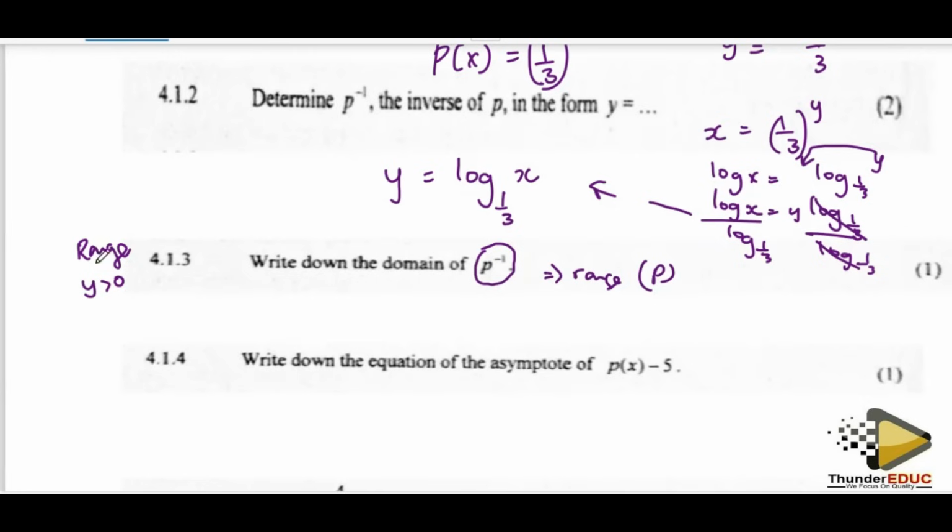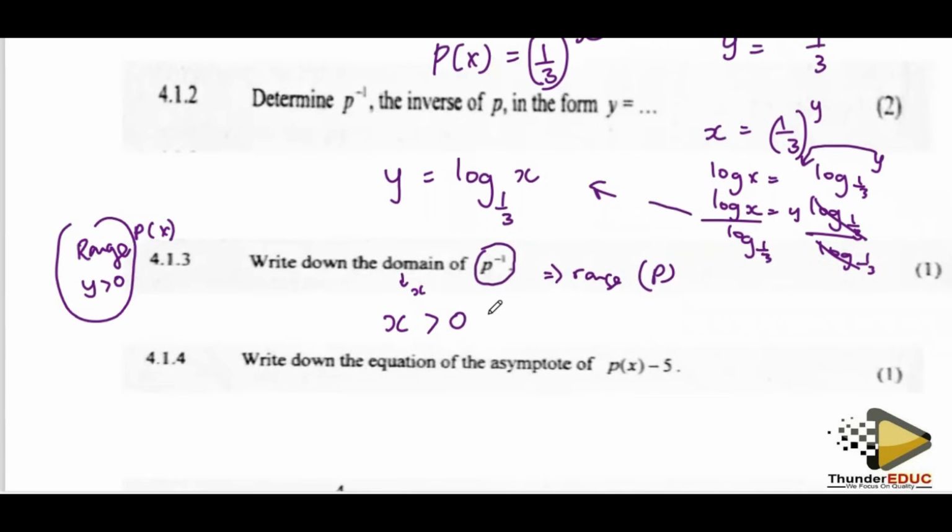That was the original range for p of x. Since domain represents the x values, the input values, we're going to just say x must be greater than 0. Okay, so that is that.